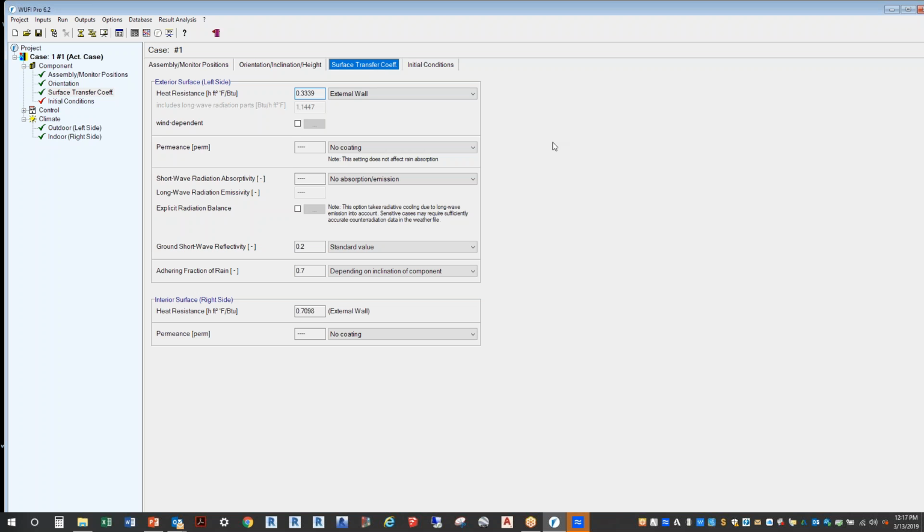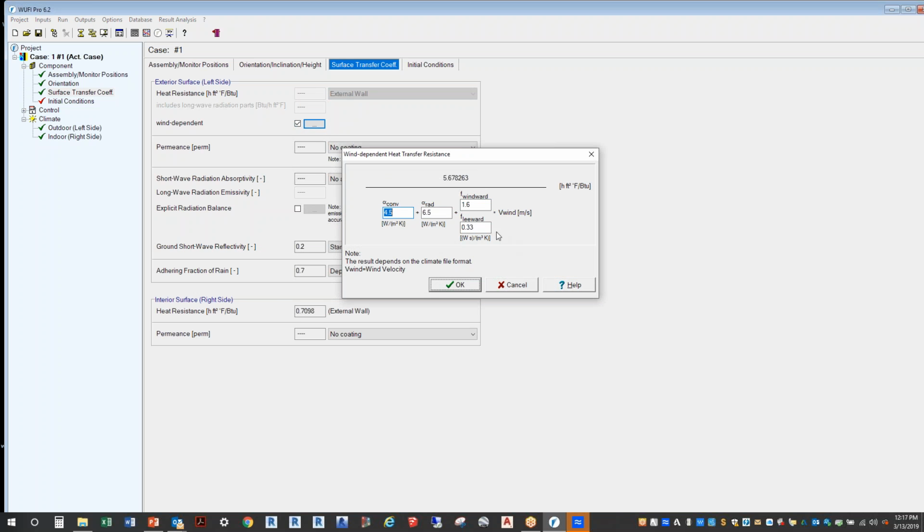The next two tabs, you won't change anything on the surface transfer coefficient screen unless you do have a roof or a basement or a partition wall. But if we're using an external wall, we're going to leave this on external wall. We can make it wind dependent. I haven't used this before, but it's pretty complicated.